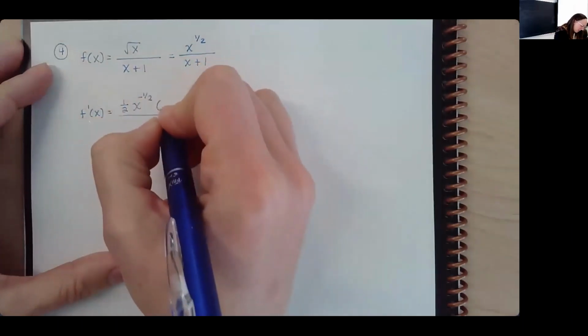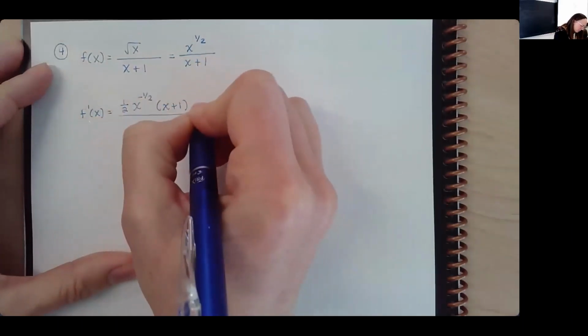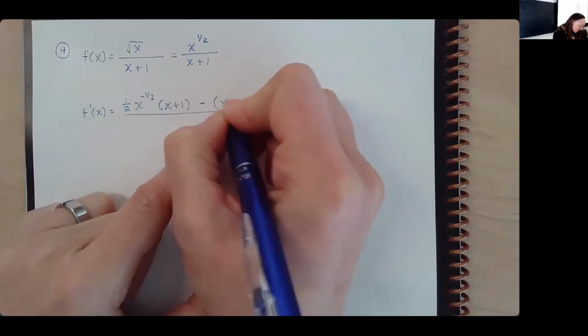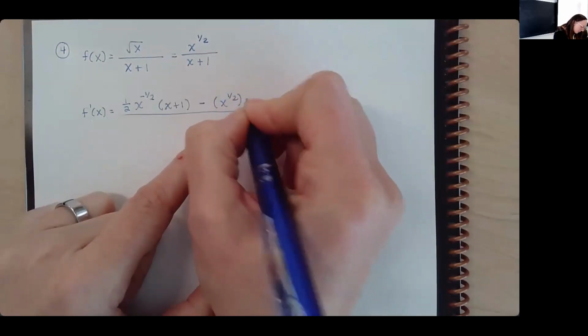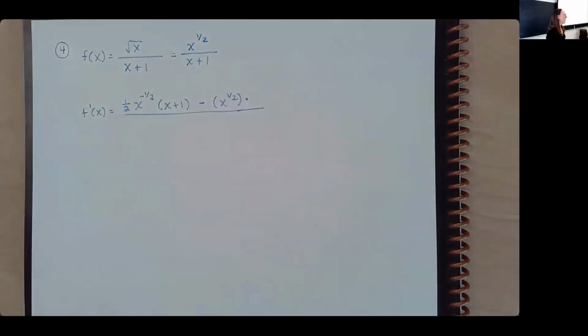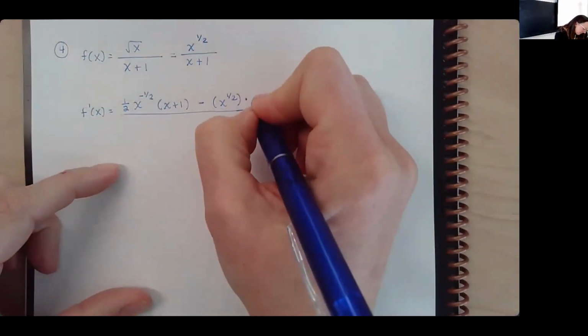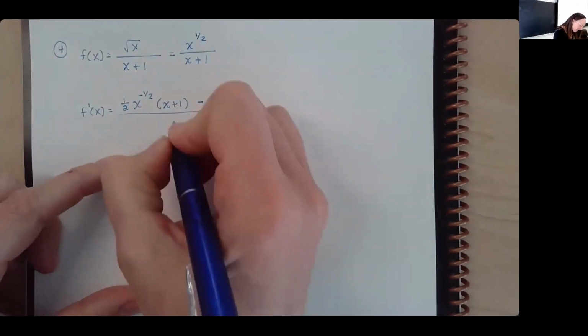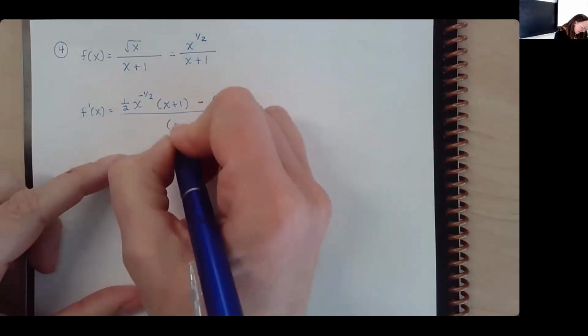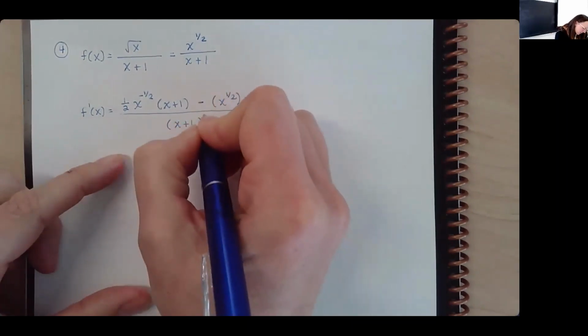Then I'm going to leave the bottom alone, subtract off, leaving the top alone, and then multiply by the derivative of the bottom. But the derivative of the bottom is just 1. Then my quotient rule says I'm going to take the denominator and square it.